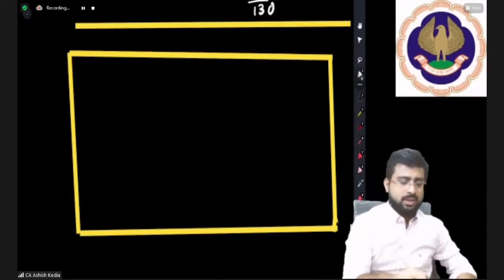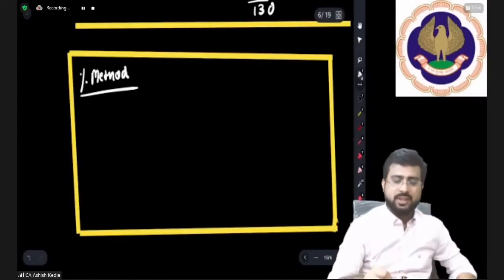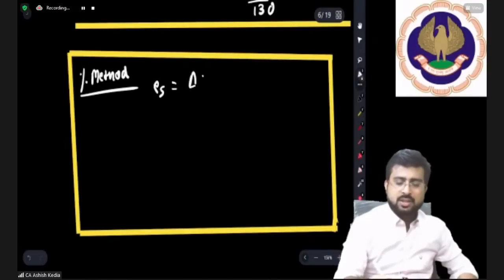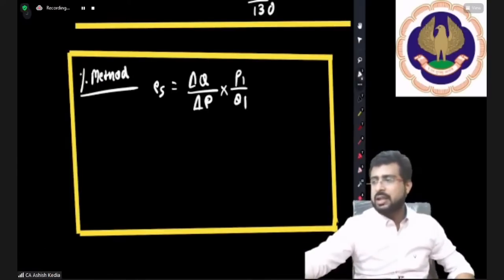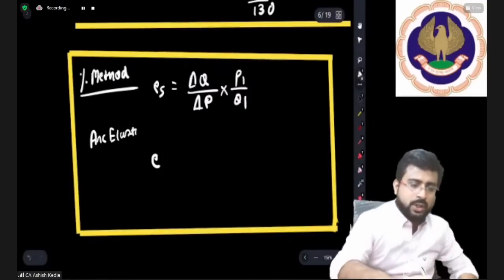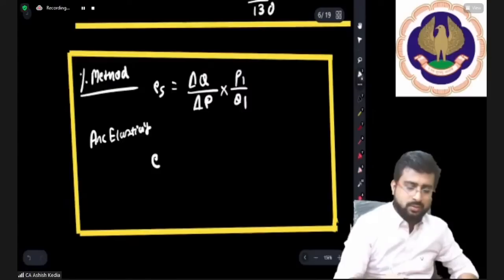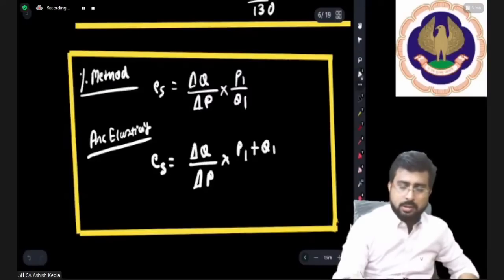Pay attention everyone. The summary till now is the percentage method. Under the percentage method, elasticity of supply is change in quantity by change in price into original price by original quantity. And under the arc elasticity method, as we have already derived, elasticity of supply equals change in quantity by change in price into P1 plus P2 by Q1 plus Q2.